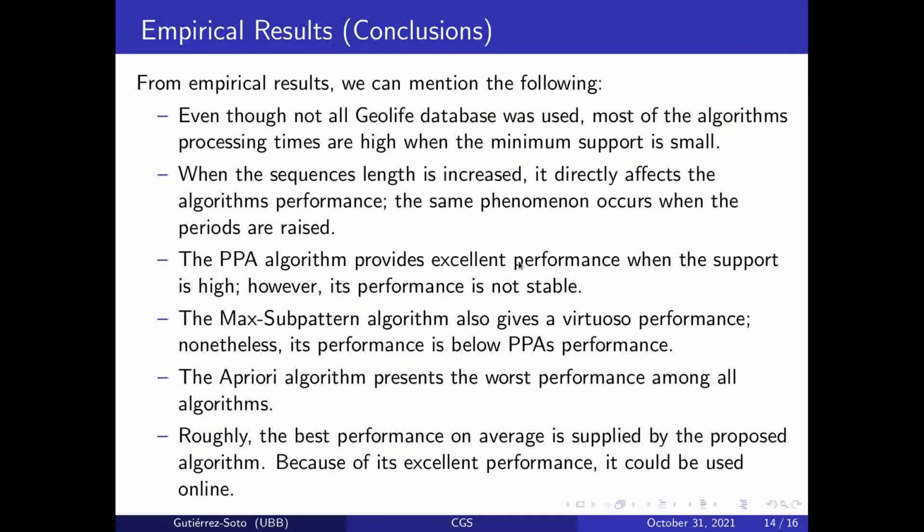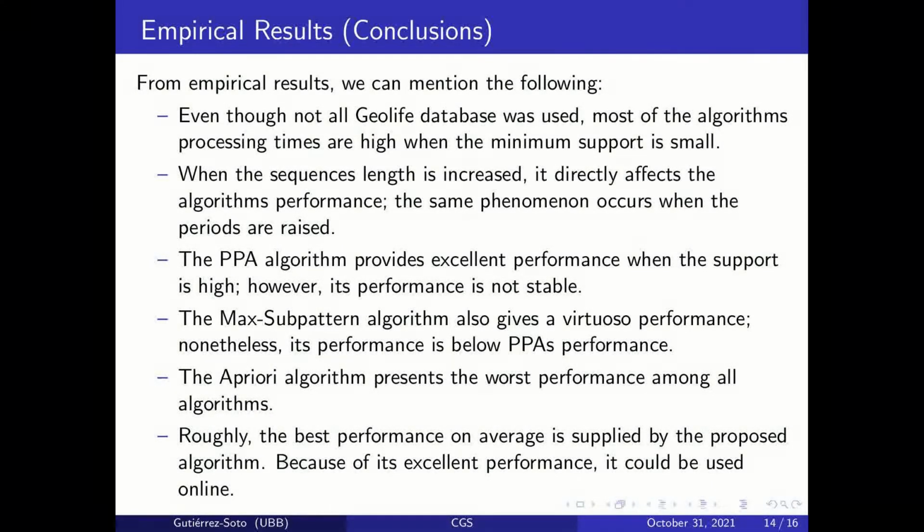From the empirical result, we can say every time the length of the sequence is increased, of course the time for every algorithm is increasing too. The final result, in terms of milliseconds specifically, depends on the number of periods and the length of the sequence.